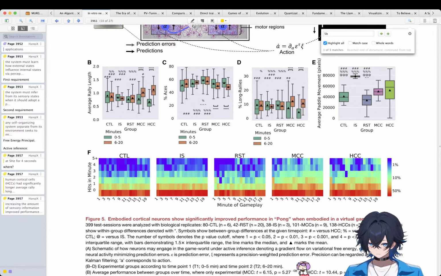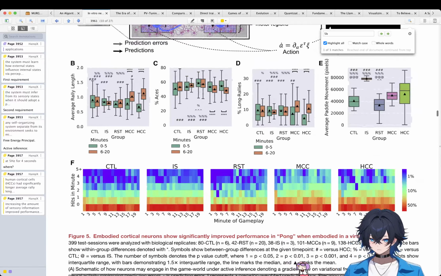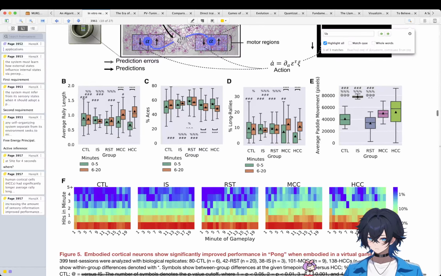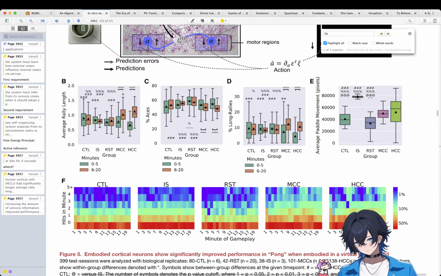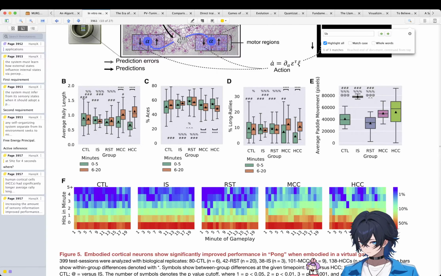Nani? At around 0 to 5 minutes. Okay, wait, what is this group? Well, the rally length is like 1 or 2, which means they're basically missing almost every shot. So this is not great, I think.